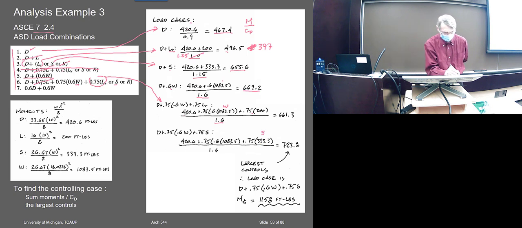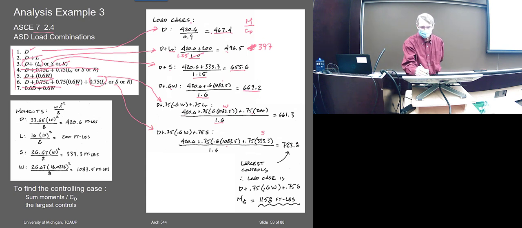So there's that whole thing again with snow. And then this dead 0.6 and 0.6. No, that'll be not as severe as that. So that one's not going to count. Okay, so that's all my cases. This was the last case.